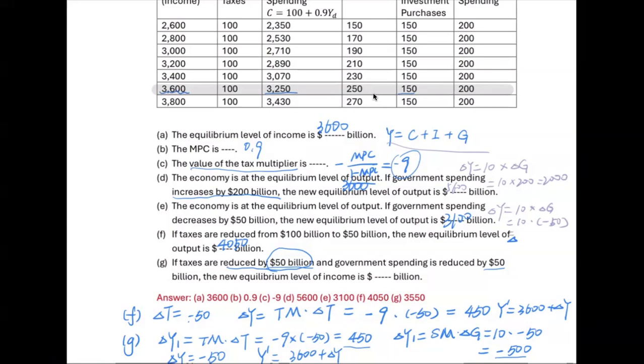So delta Y equals negative 500. Previously, the equilibrium is 3,600 and it decreases by 500. You will get the new equilibrium level of 3,100 billion.